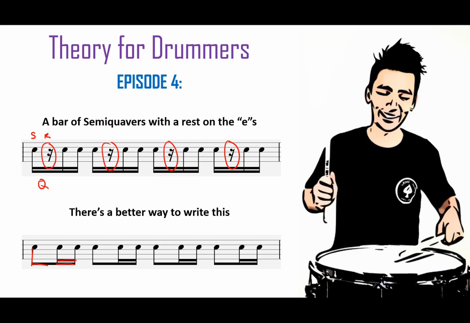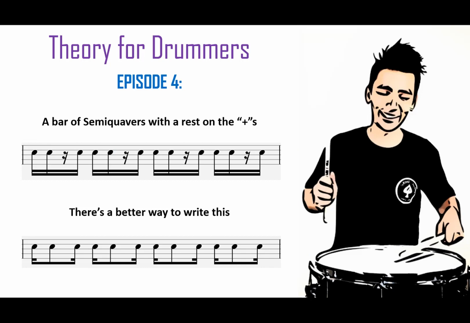When you have one horizontal bar coming off the stem, that is a quaver. When you have two horizontal bars coming off the stem, they are semiquavers. And that's how you get the exact same rhythm, whether you use this method or you use this method. Given that this method here does not have any rests, it is the preferred method of writing down this rhythm.